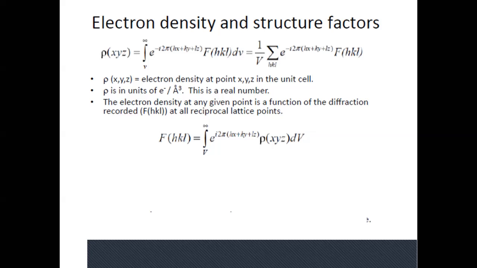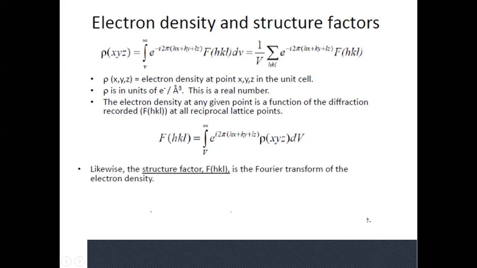So you can go between structure factor and electron density, or electron density to structure factor. And so the structure factor is a Fourier transform of the electron density back to the intensity of the reflection.